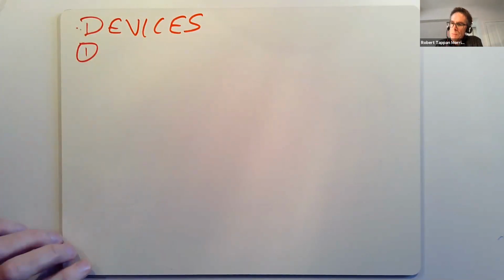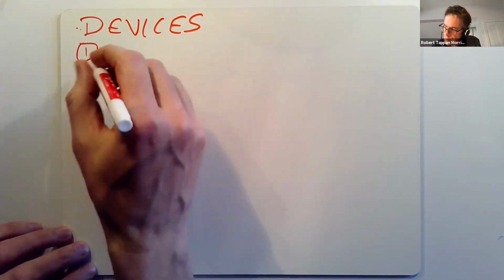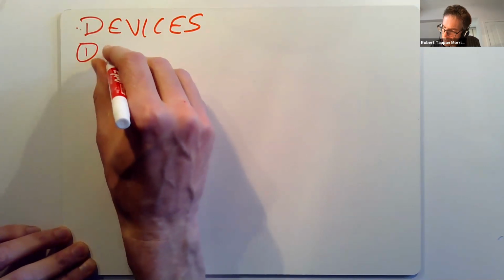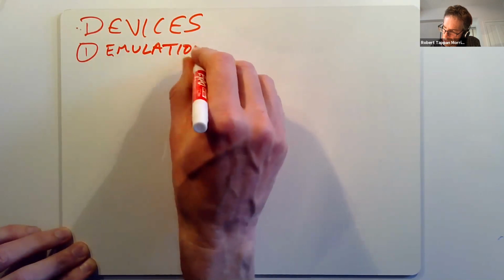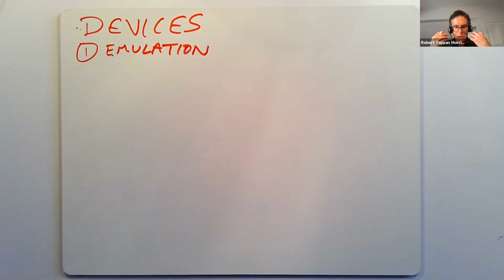One is just pick some very commonly used device in the class that you need, say a disk drive, and just do an emulation. That is, you're not actually having a real device. The VMM just makes it look like this particular kind of disk drive exists and that the guest is talking to it.